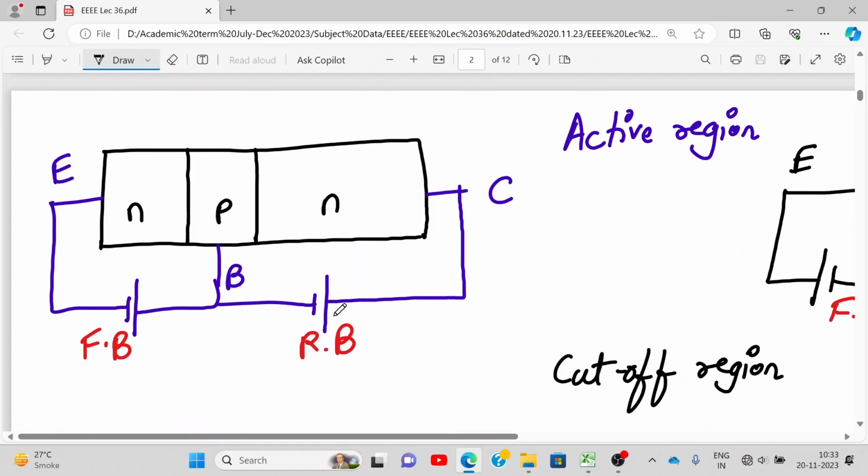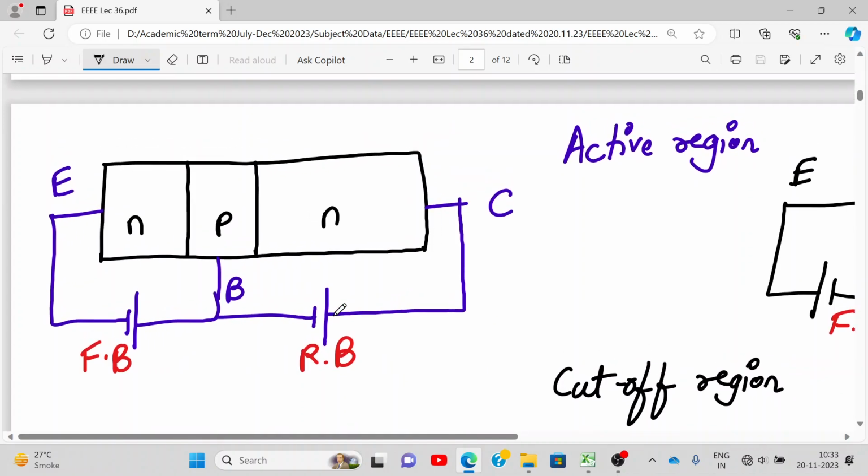So this is my NPN transistor in the active region. So draw it please quickly. Draw it on the left hand side and on the right hand side draw it for PNP. This is for active region. Draw the structure.